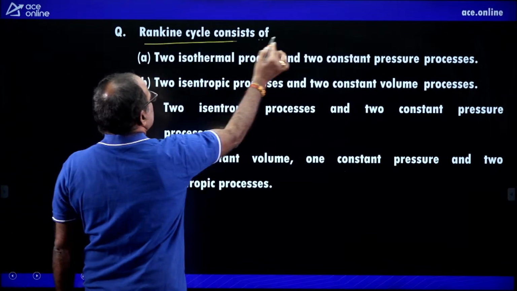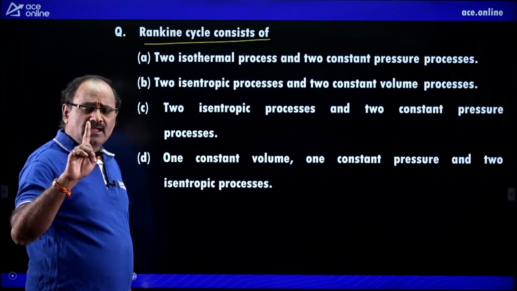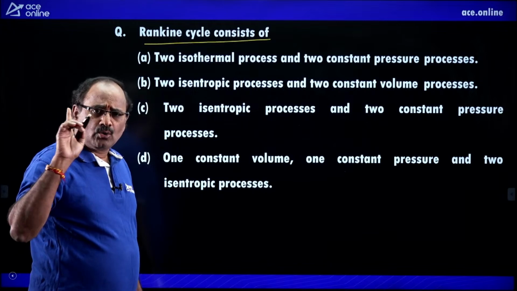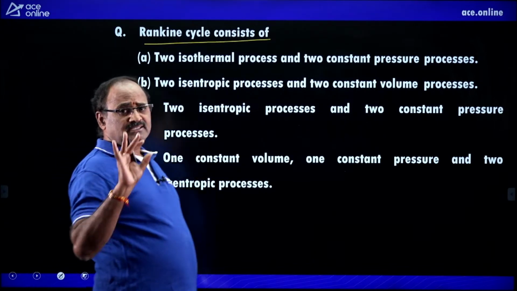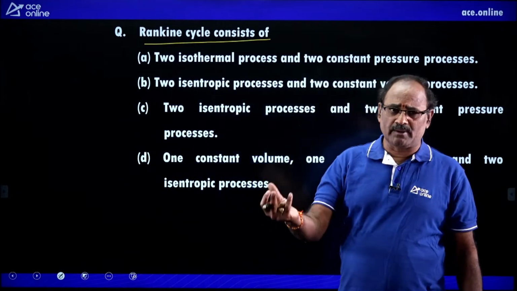The Rankine cycle is the theoretical cycle for the practical steam turbine power plant. The Rankine cycle consists of two isentropic processes and two isobaric processes. Of course, the gas turbine power plant also consists of two isentropic processes and two isobaric processes.